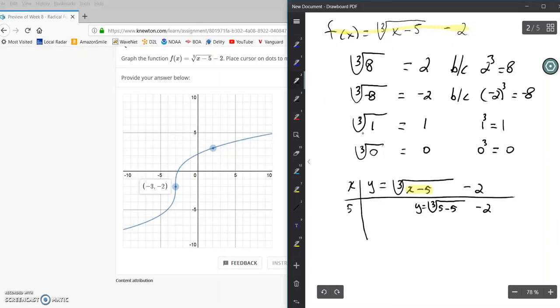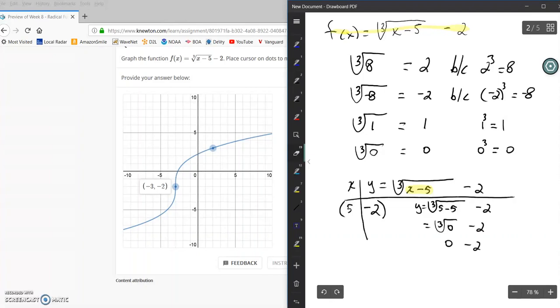Well, 5 minus 5 is 0, so I've got the cube root of 0 minus 2. The cube root of 0 is 0, so 0 minus 2 is negative 2. So here is one point we can plot: 5, negative 2.